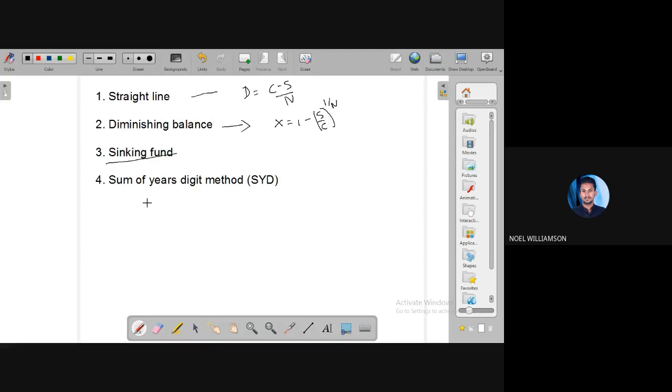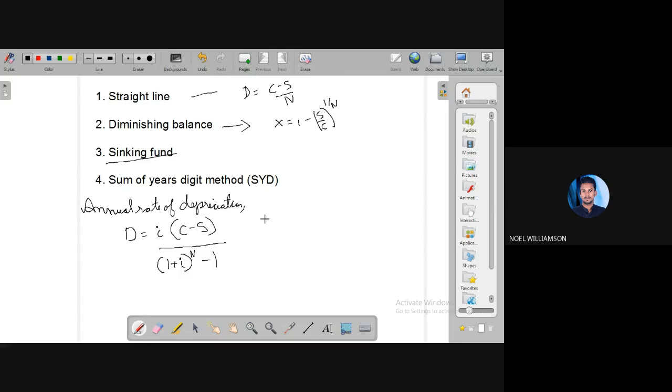So in this method also, you have an annual rate of depreciation given by D equal to I into (C minus S) divided by (1 plus I) whole raised to N minus 1.